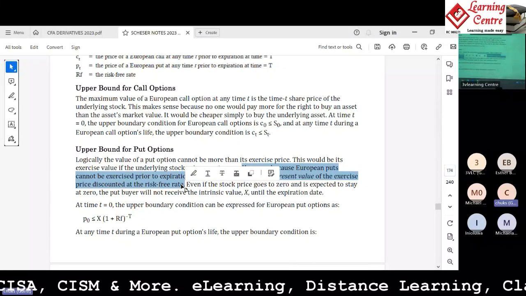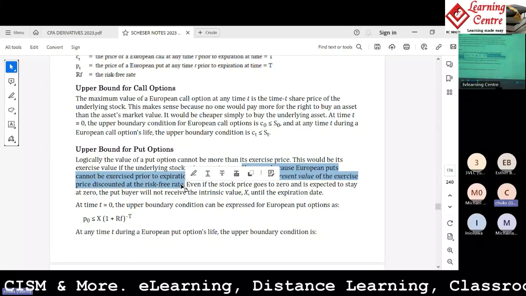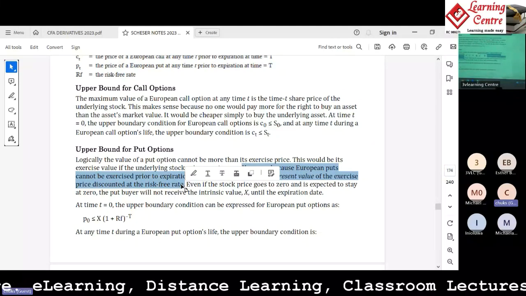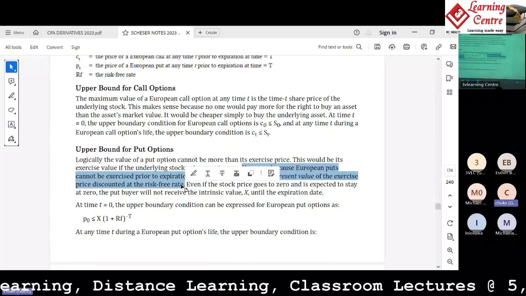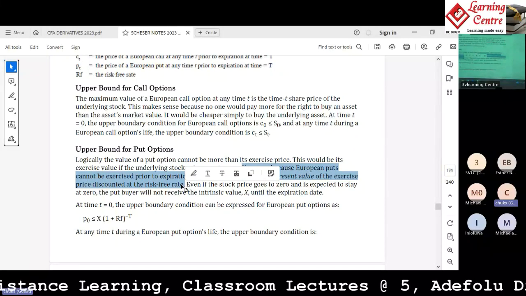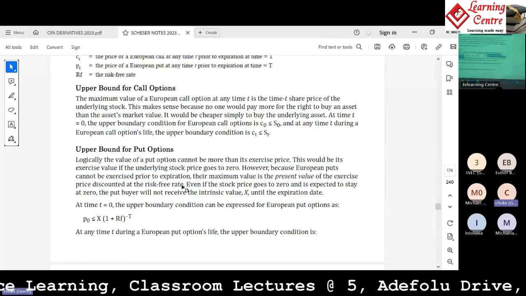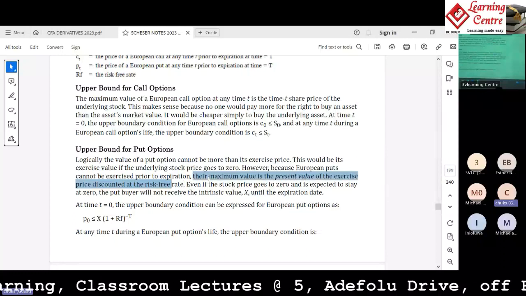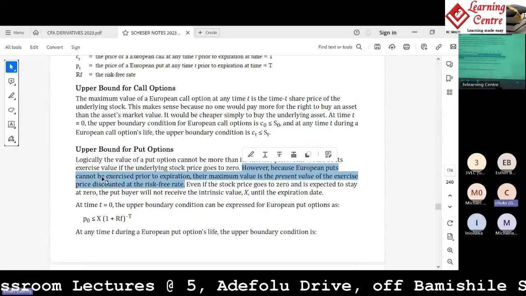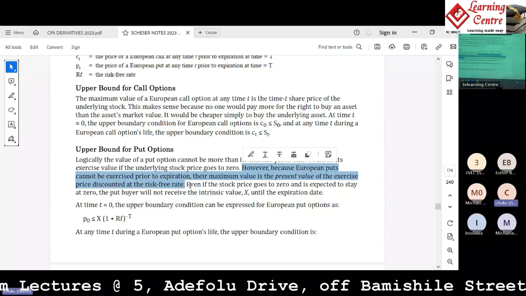Remember, to calculate future value, you do present value times (1 + r) raised to the power n. To calculate present value when you have future value, you just do future value divided by (1 + r) raised to the power n. I'm sure you know these formulas from your other courses. You have to bring it to its present value by discounting it at the risk-free rate.